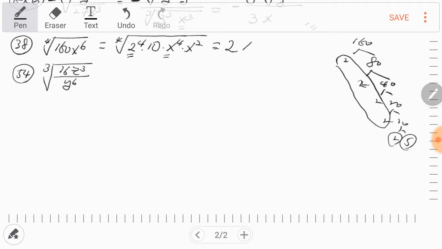So take x out. Make sure you put the absolute value because the index is even. And then the other factors stay inside. So the 4th root of 10 stays inside and x squared stays inside. So 10x squared.